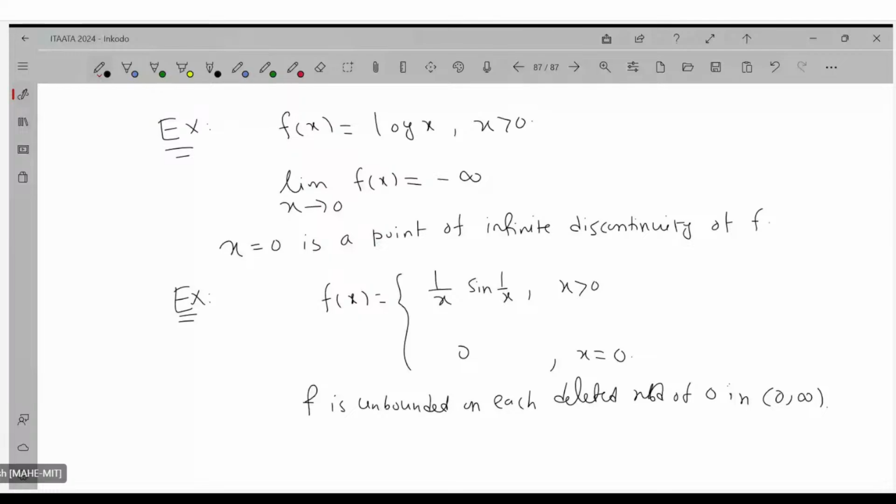Now, does the limit exist? Is it infinity or minus infinity?